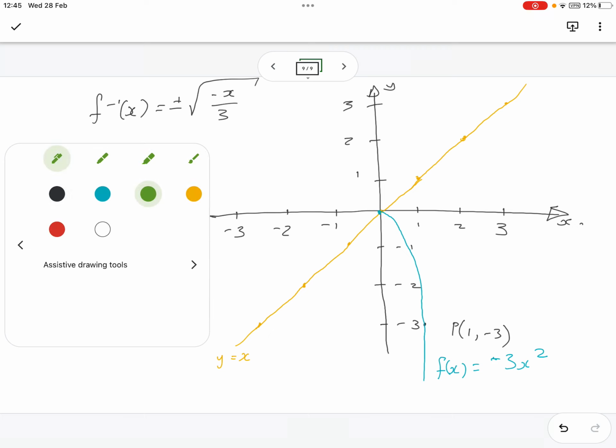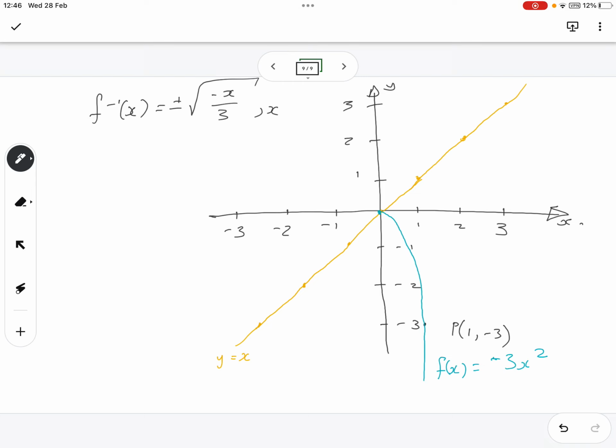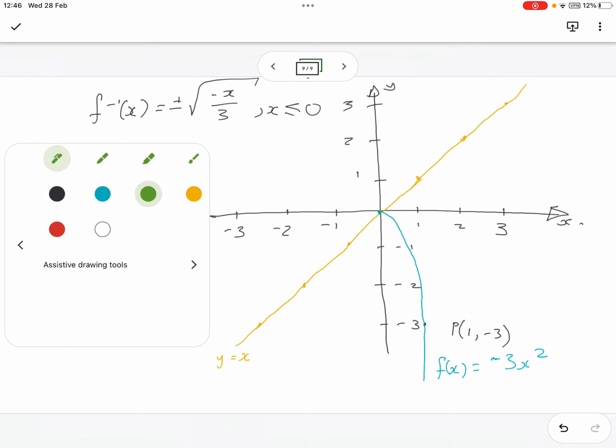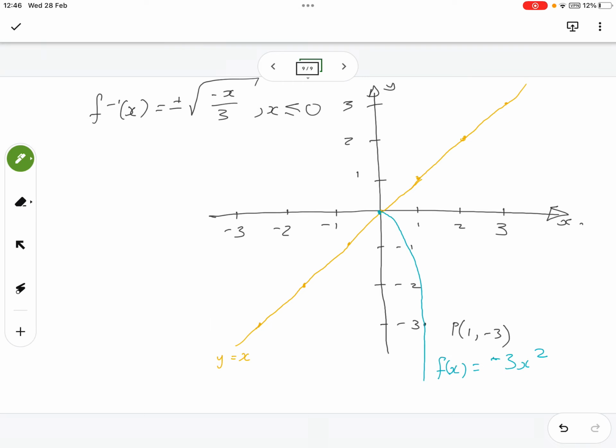Okay, so for f inverse, we're going to focus on values of x that are less than or equal to 0. And we're going to draw that graph in green. Let's make a table. Sure. Okay, so we'll start at maybe -3, -2, -1.